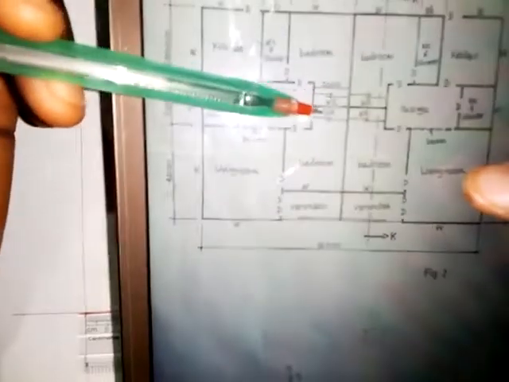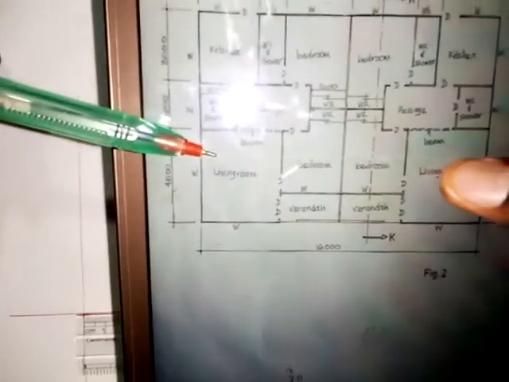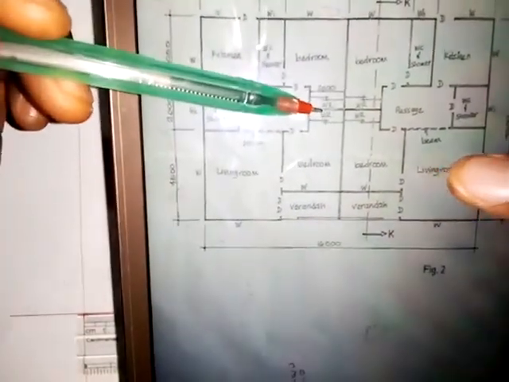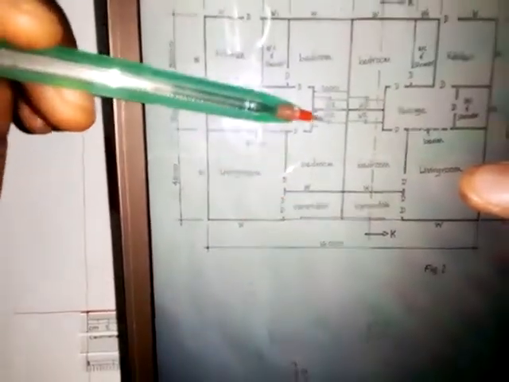The distance from here to here is 1,000 plus 4,500, that is 5,500. If I divide 5,500 by 50, that will give me 110.